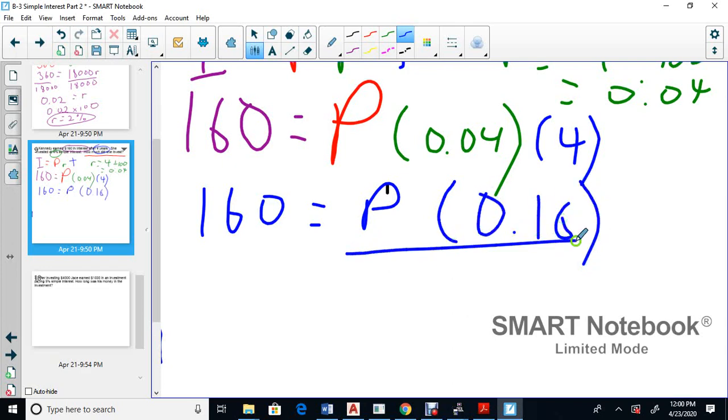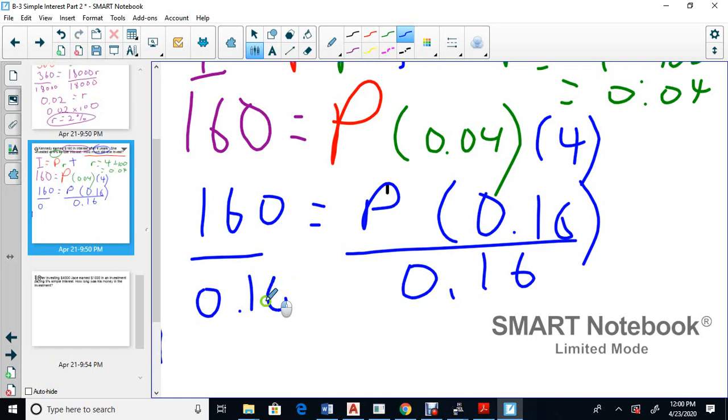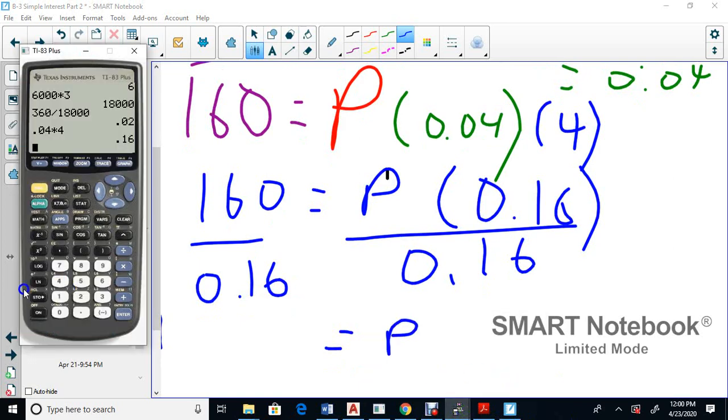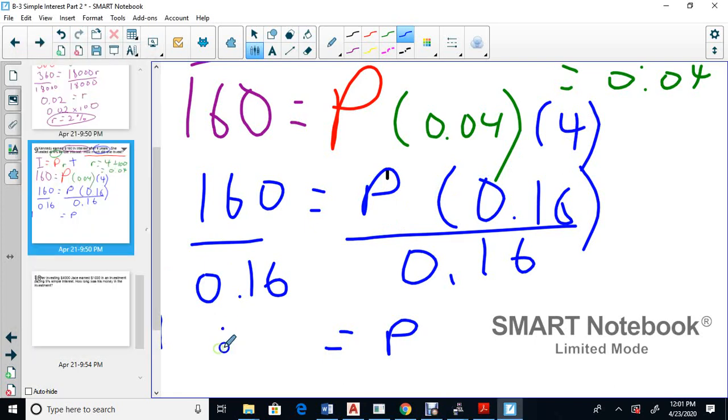Okay, we divide both sides by 0.16 so we can get our initial principal. So let's see how much was invested at the start. So 160 divided by 0.16, $1,000. So $1,000 was invested at the start.